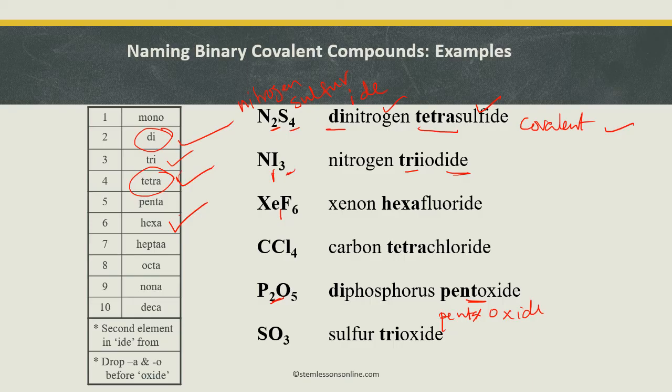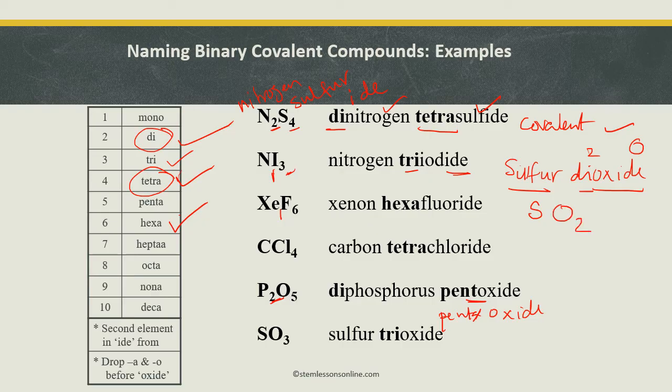Now the reverse you should also practice. If you have the name, you should know how to write the formula. Let us take an example of SO2. I'm sorry, I should give you the name: sulfur dioxide. So sulfur, there is no prefix, so I will just write S. Di means 2, and oxide means oxygen. So there are 2 oxygens, so I should write SO2.